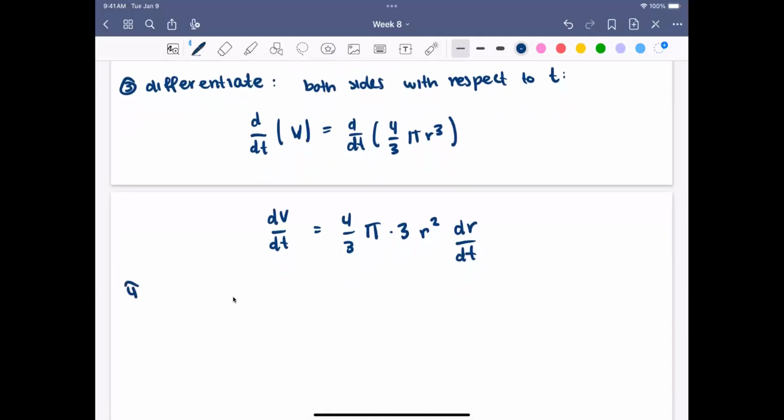So step 4, we'll just isolate and solve for dr/dt. Let me simplify this a little bit. These two 3's cancel each other. So we get that dr/dt is equal to 1 over 4 pi r squared times dV/dt.